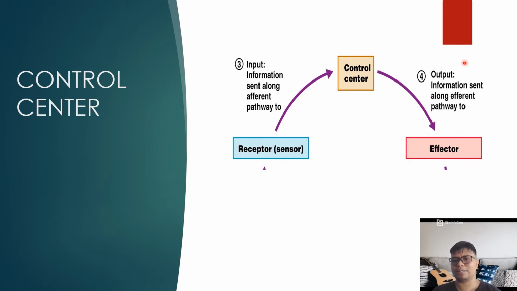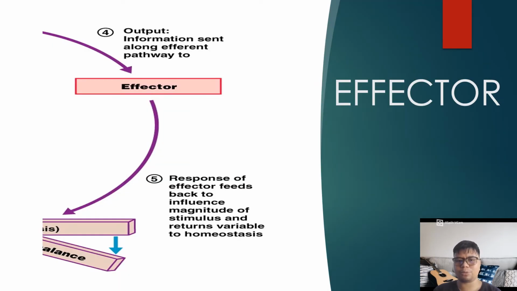Now these messages will reach the effector. The effector will determine the response. Let's read this step. The responsive effector feeds back to influence magnitude of stimulus and it returns variable to homeostasis. For example, again, the hot temperature is the first stimulus. The integumentary system, the skin, will detect that the environment is hot, the temperature is high.